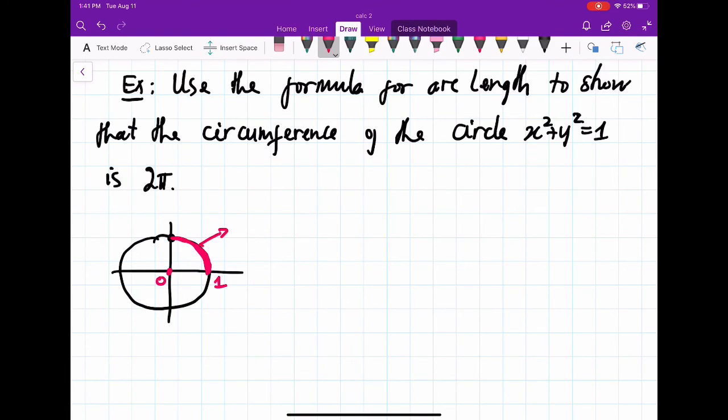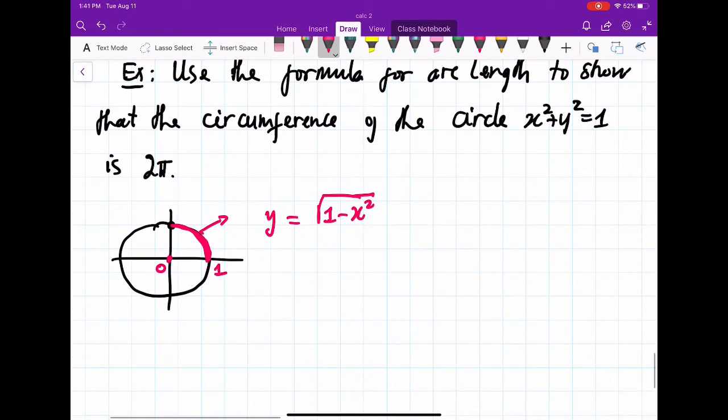And for this part, I can solve y equal to square root of 1 minus x squared, because y is positive, right? So regarding the formula for the arc length, I have the integral from 0 to 1 of square root of 1 plus y prime squared dx.